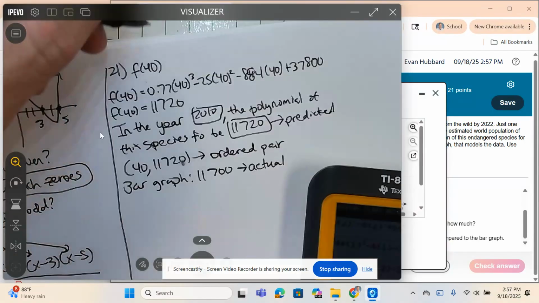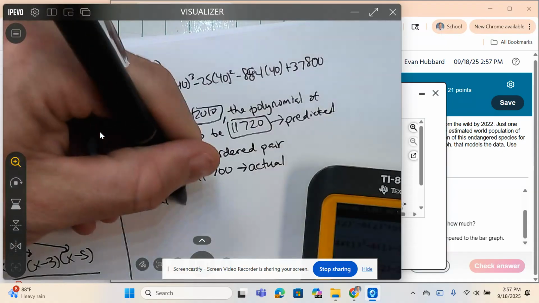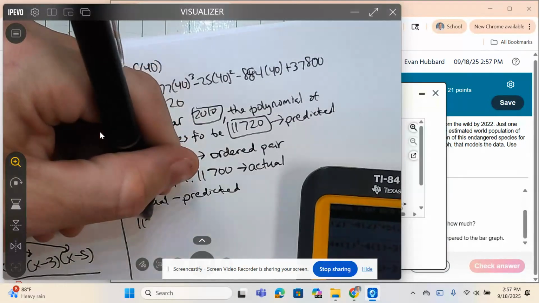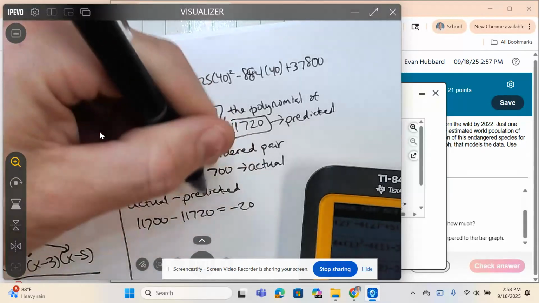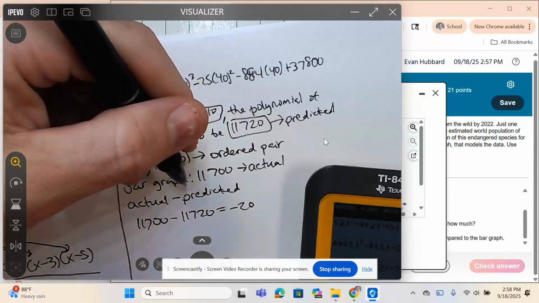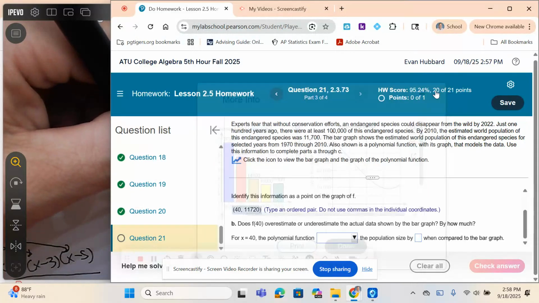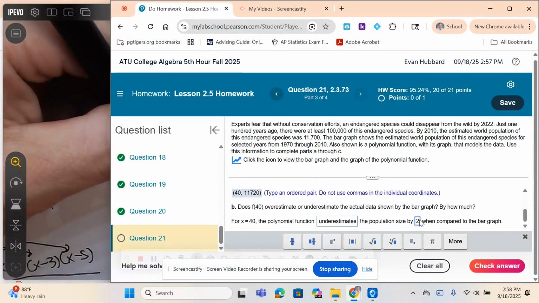So we're going to do actual minus predicted: actual 11,700 minus the predicted 11,720. It's going to be negative 20. So the model underestimates it by 20 when compared to the bar graph.